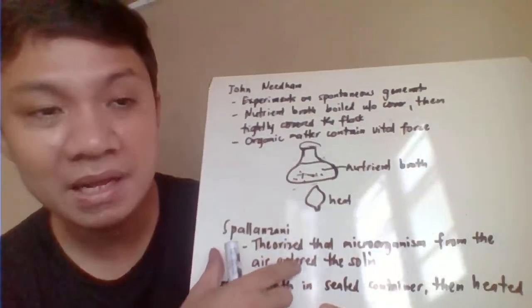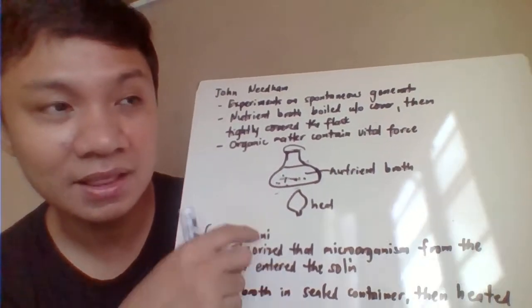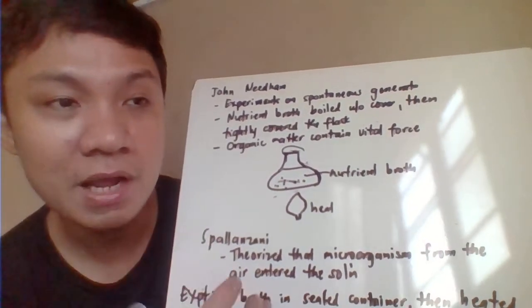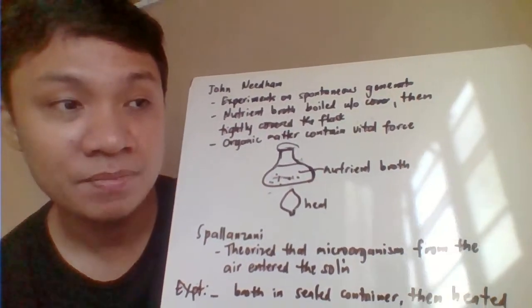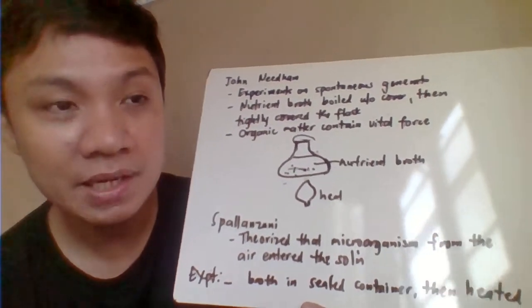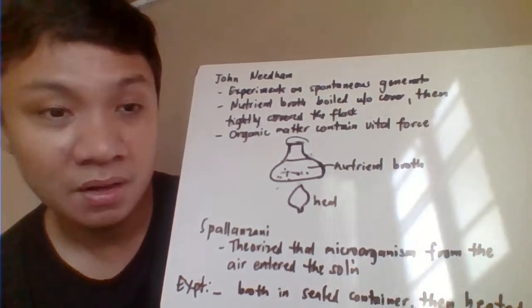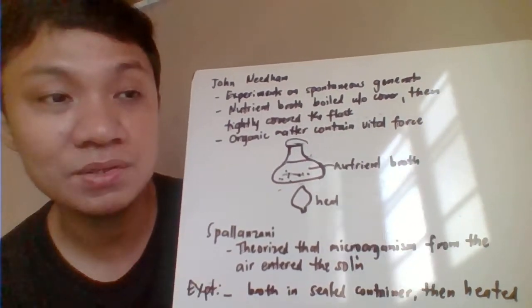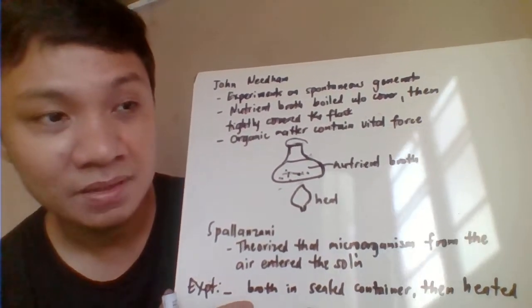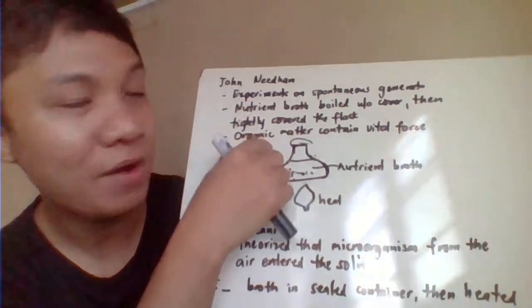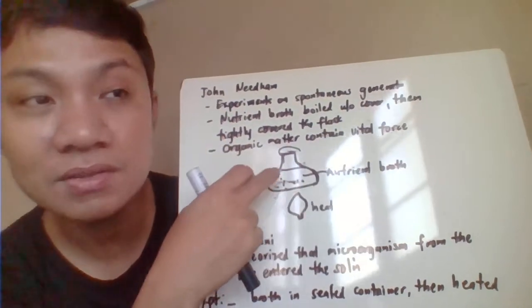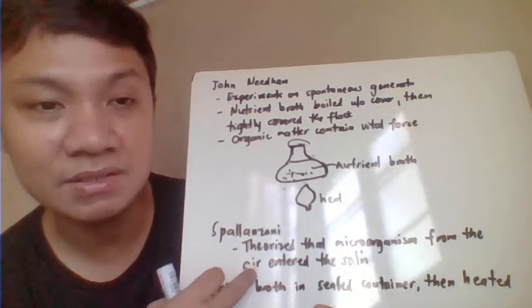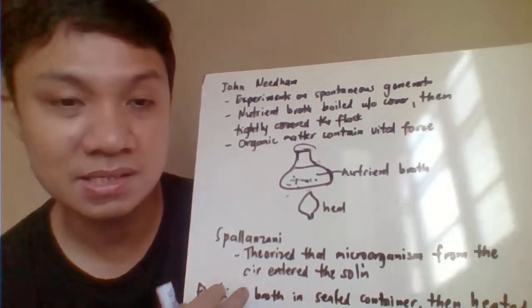So, sabi ni Spallanzani, it's actually not the vital force in the nutrient broth here that's responsible for having a new organism, or the microorganism growth, but rather, sabi ni Spallanzani, the air itself na pumasok contains the microorganisms. So, Needham tried to advocate spontaneous generation. Spallanzani tried to advocate biogenesis.